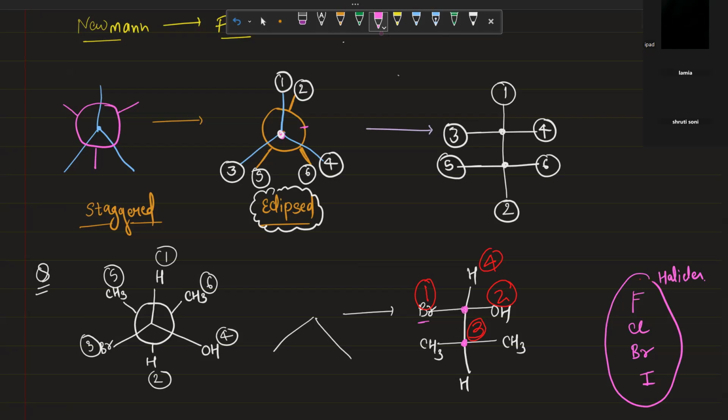I'm talking about other elements in the stereochemistry portion. In stereo, no other element will come except fluorine, chlorine, bromine, iodine, nitrogen, and oxygen. These are the only ones.